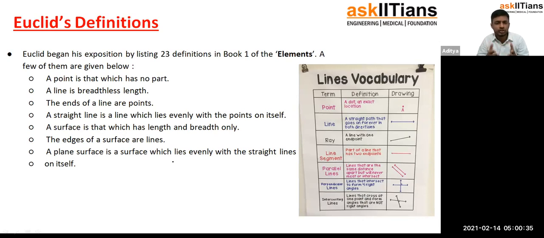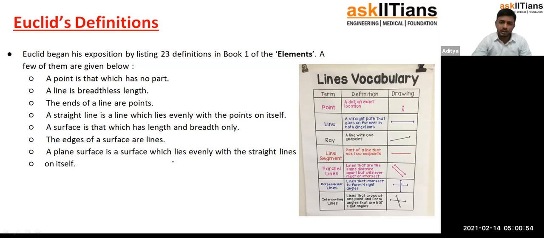So the very first definition he gave was: what is a point? A point is that which has no part. He was actually a Greek mathematician, so all of these are translations in the English language from Greek, right? So a point is that which has no part.